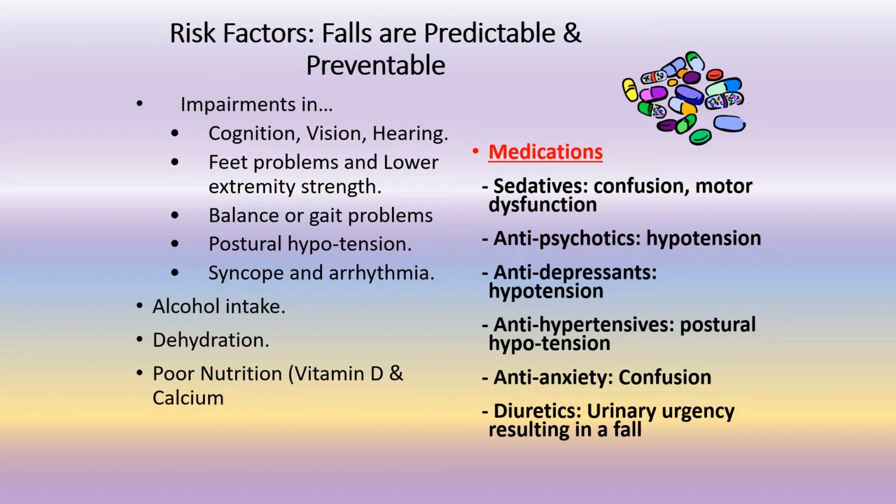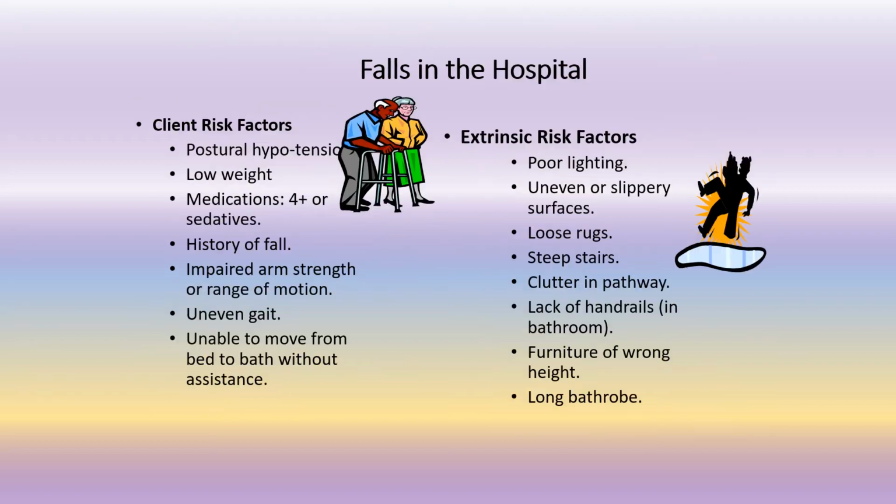Antidepressants as well can cause hypotension. And in addition to antihypertensive medications themselves, which can also cause postural hypotension. Anti-anxiety medications, which can cause confusion, and diuretics, which can cause urinary urgency, resulting in a fall because they will need to run to the toilet.